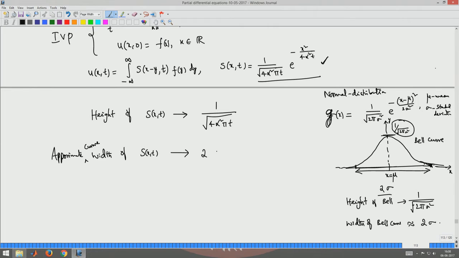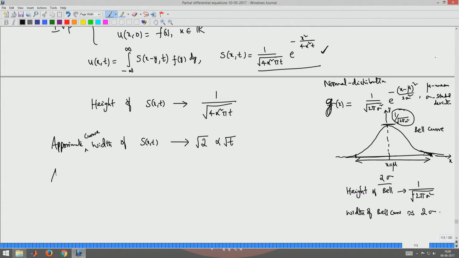So 2 times sigma is like root 2 here, alpha is here, root t. Now, what happens as t tends to 0? We are only going from the positive side, since time is always positive, so you are taking this limit from the positive. So what happens? s at x 0.